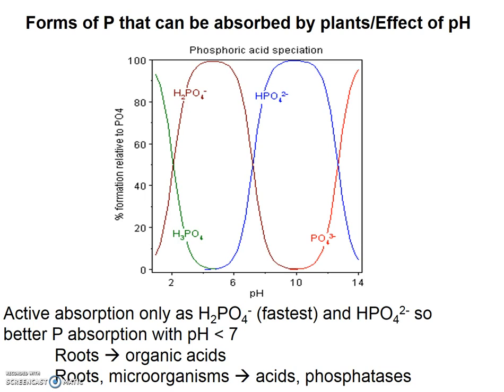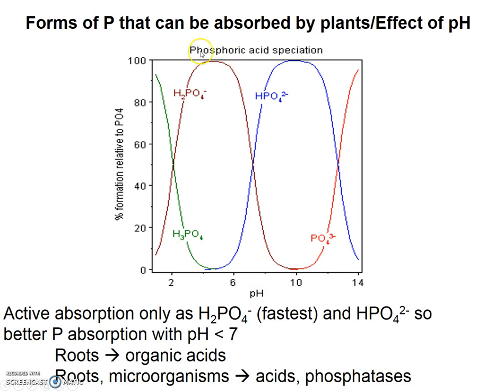As we said earlier, the plants absorb forms of phosphate. The active absorption occurs only as dihydrogen phosphate, which shows the fastest absorption, and hydrogen phosphate. The predominant form depends on the pH, like shown in this graph.